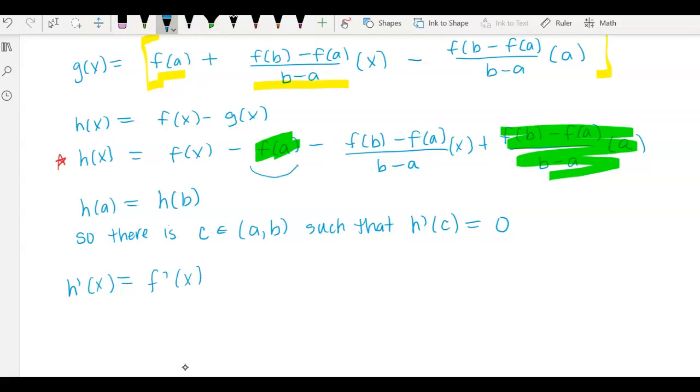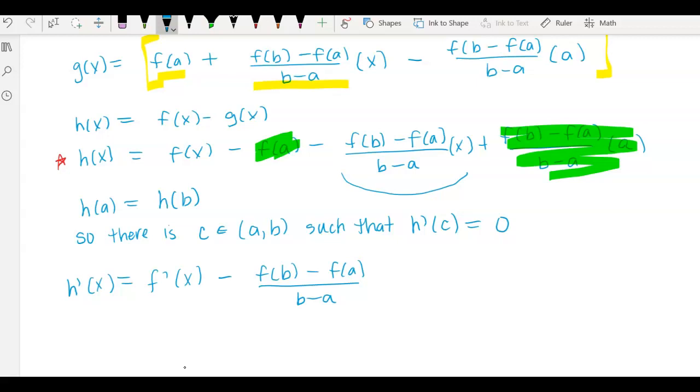Right here, we'll have 0. Here, we've got some number multiplied by x. So when I take the derivative of a constant multiplied by x, I just get the constant. Even though it looks complicated, it's just a number. And then that last term is also going to have a derivative of 0.